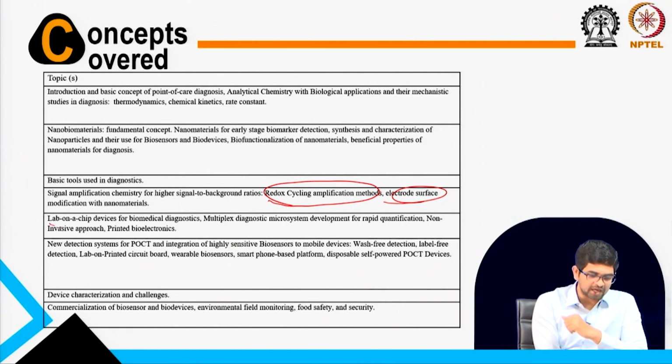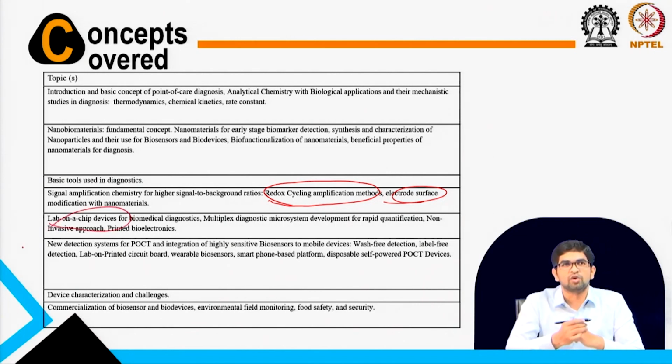Then I will come to lab on a chip devices. What is a lab on a chip? I will describe that also. The lab on a chip concept is very useful for miniaturizing any device. Generally in the lab we use very sophisticated, very large instruments, but it is very difficult to use those instruments for point of care. So, what is point of care? Point of care means you use your diagnostic method near the patient.